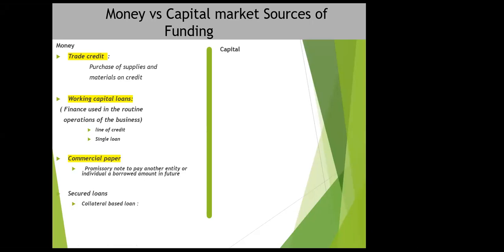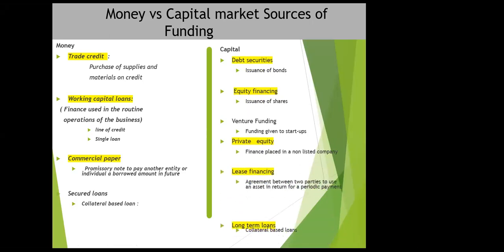Okay. All right. So let's move to the capital markets. So most of you, I'm sure you'll be interested in the capital markets. Okay. So under capital markets, there are a number of vehicles that you can utilize when looking for funding in the market. There's what is called debt security, from the word itself.